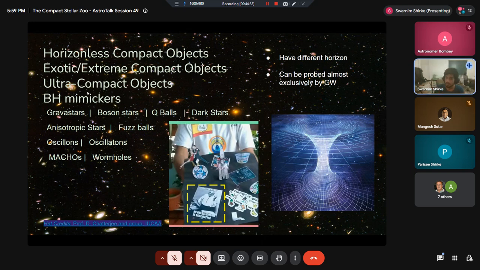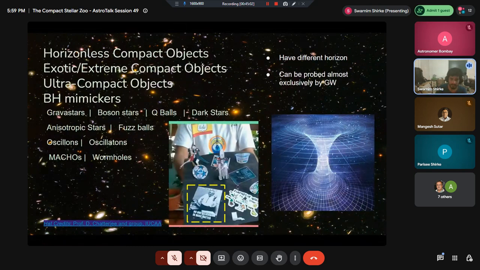There are boson stars, and there's something called anisotropic stars, where the pressure in the radial direction and tangential direction is different, and they can form even more compact solutions than neutron stars, but less than black holes. There are fuzzballs. These are like modified gravity solutions. So maybe there are modifications of gravity, which also explain dark matter and modify your general theory of relativity. And these have solutions like fuzzballs, which are still feasible.